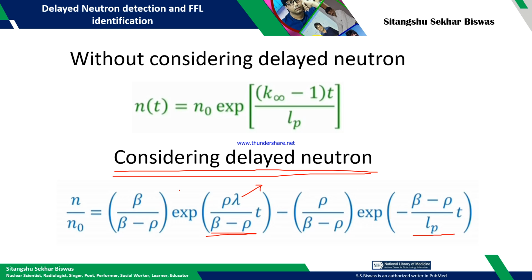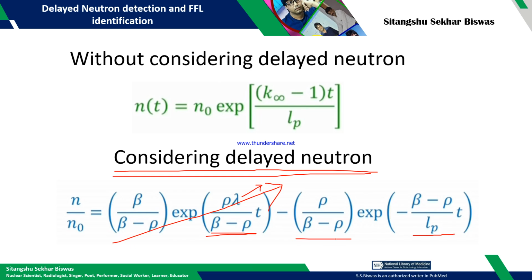So if you see the roots omega 1 and omega 2, the amplitude of omega 1 might be much smaller than omega 2. So we have neglected this term, and only kept the omega 2 term because that will contribute significantly to the neutron population.